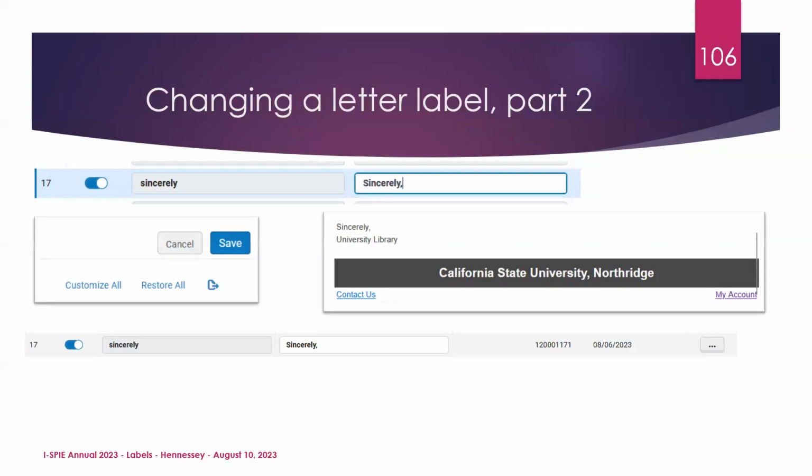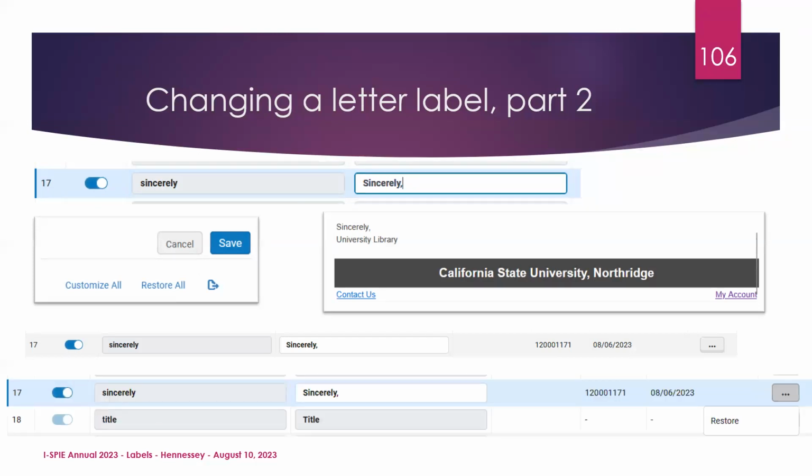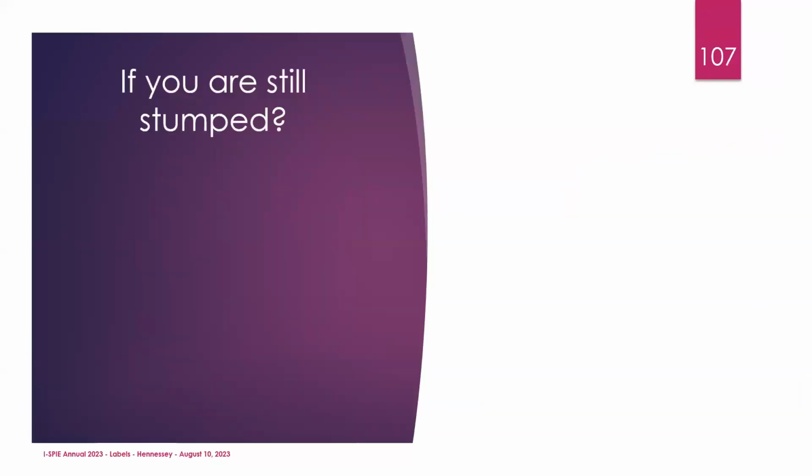You'll also be able to see if anyone's changed it, and when they did. That's my Alma ID, I changed it earlier this week. If you want to go back to what the Ex Libris default was, you don't have to remember. There is a restore. It doesn't restore all the labels, it just restores that label if you wanted to go back to that.